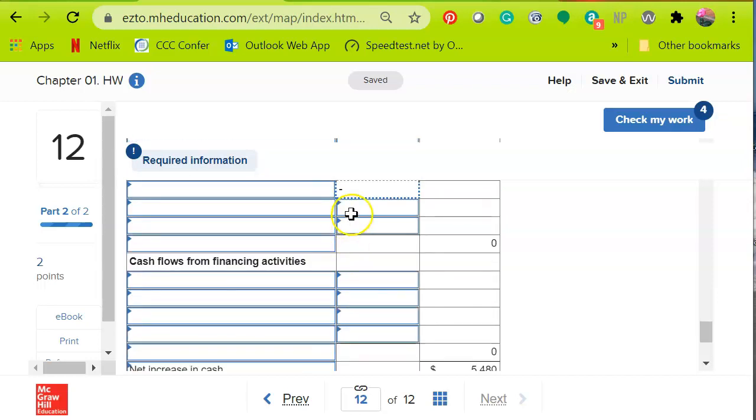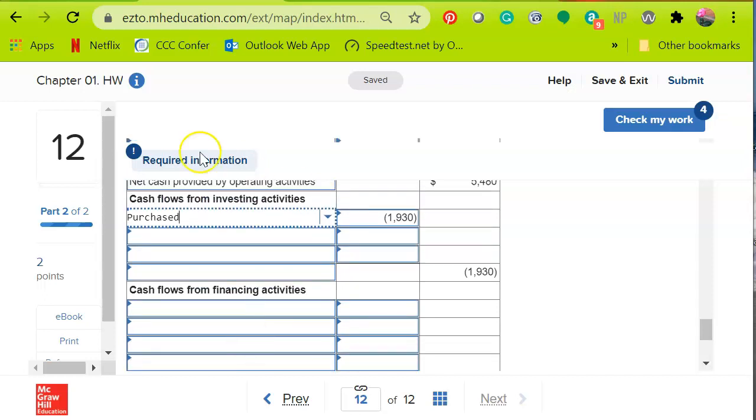Scroll down. And again, you're going to be using your numbers, not my numbers. Yours are going to be different, but the process will be the same. And we'll have purchase equipment, where is it?